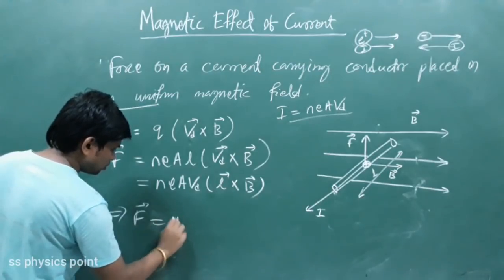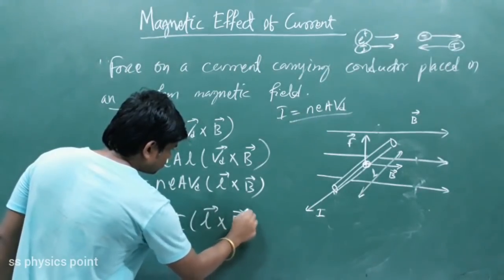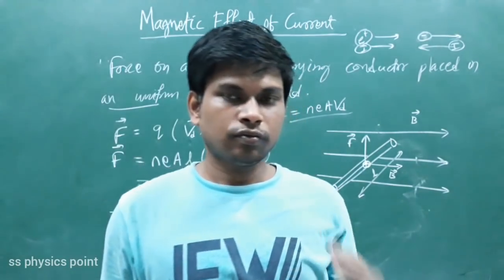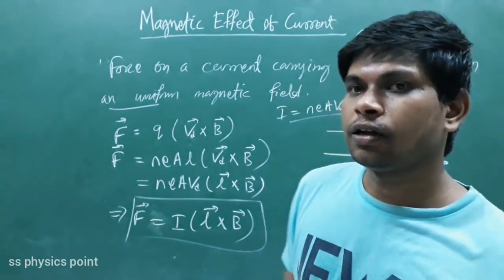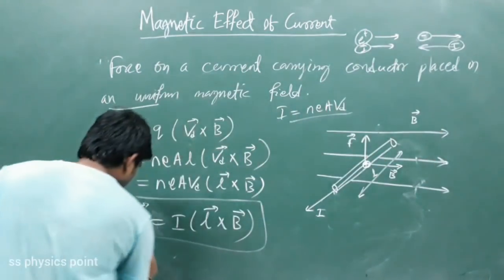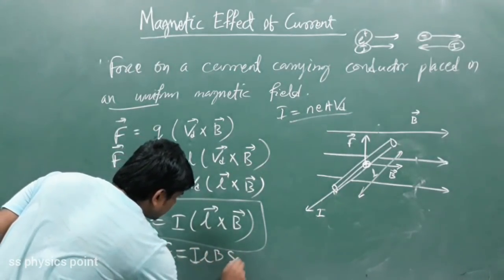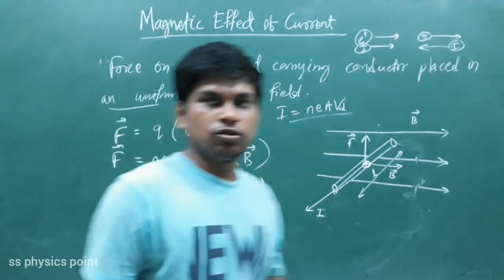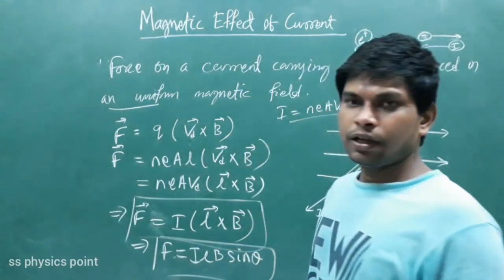So this will be I L cross B. This is the expression for force on a conductor in a uniform magnetic field. F equals I L cross B. Its magnitude can also be written F equals I L B sin theta, because you know that A cross B equals AB sin theta. So L cross B equals LB sin theta.